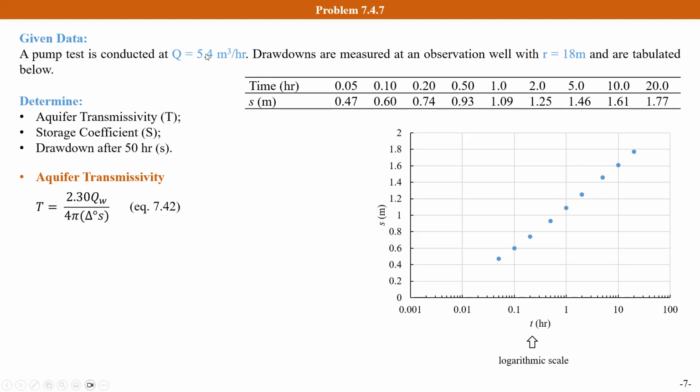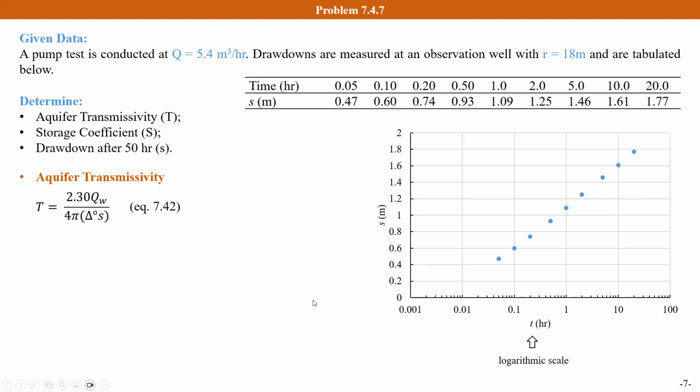It equals 5.4 cubic meter per hour, but we do not know the value of this one, the delta S. This term represents the increase in drawdown per log cycle of time, and it equals delta S divided by delta log T. And for any log cycle of T, the delta log T equals 1.